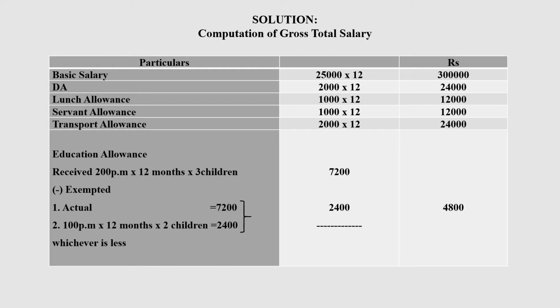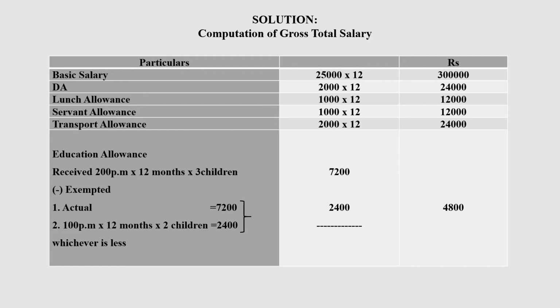Minus the exempted rate. What is the exempted rate? Actual or 100 rupees per month for 2 children is exempted. The actual that he is receiving is 7,200. The second condition is 100 into 12 into 2 children, so 2,400 is exempted.